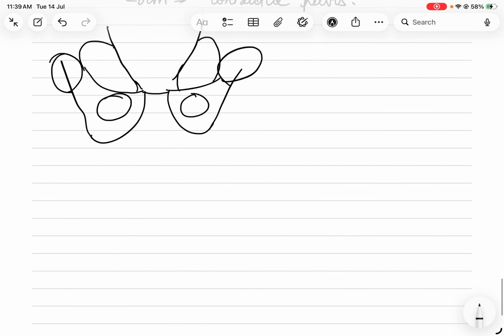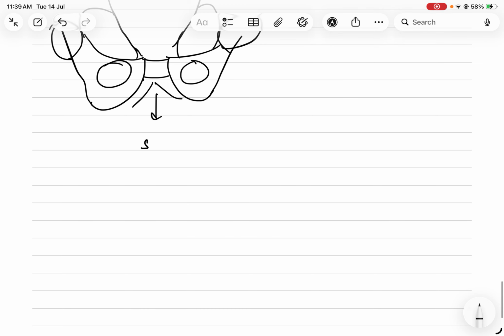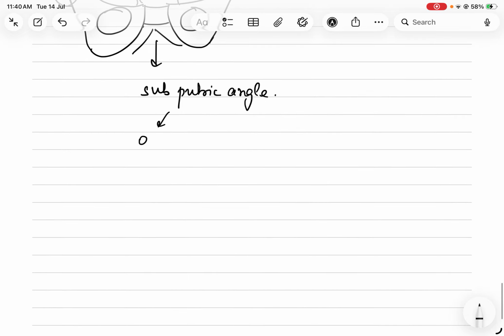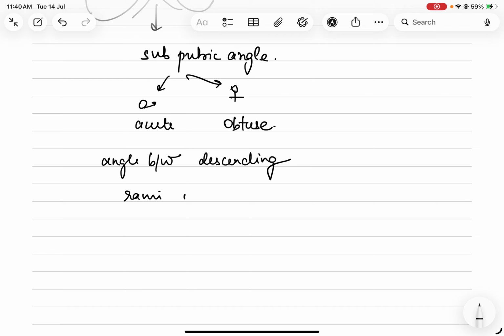So this angle is known as the subpubic angle. In males it is acute, and in females it is obtuse. It is the angle between the descending rami of the pubic bones.